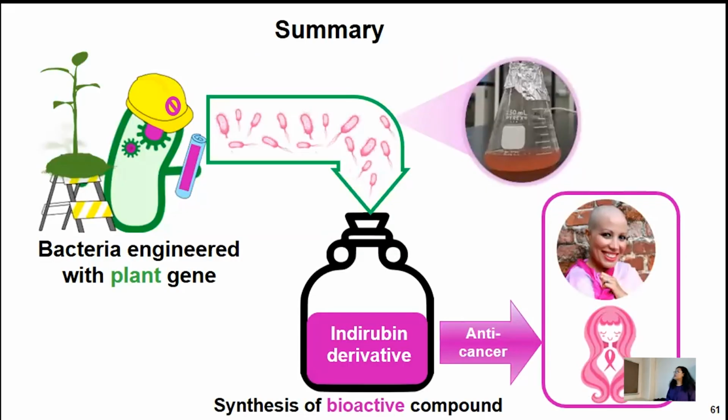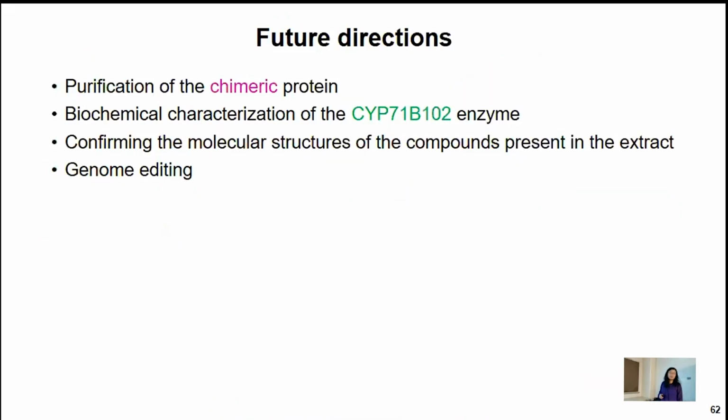So I would like to summarize by saying we engineered the bacterial strain with the P450 gene and the P450 reductase gene for the production of a water-soluble extract, which also had different biological activities. And similar to indirubin, it also showed a potential anti-cancer property. There is still a lot that needs to be done, for example, purifying the kinase protein.